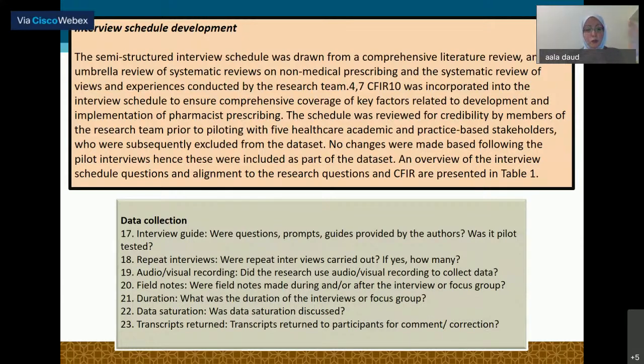Okay, so duration, data saturation, was that covered? Okay, not yet. Okay, so they did say earlier that they tried to reach a point, obviously, where, you know, enough is enough, and they have all their data.